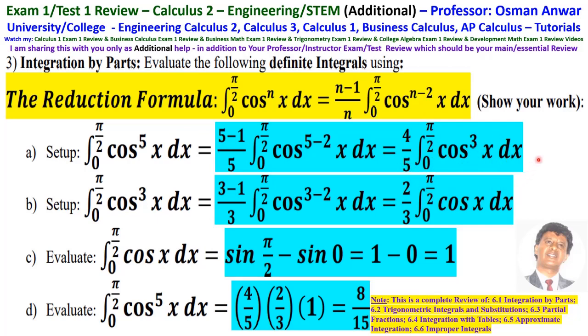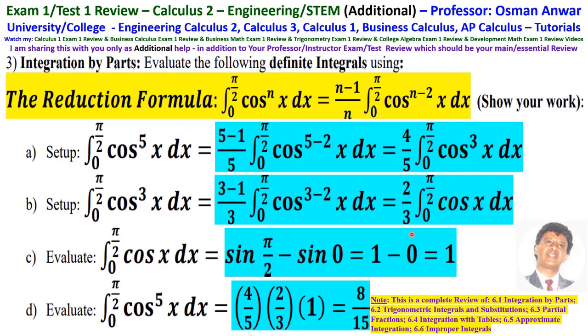Now we're going to integrate cosine to the third x dx from 0 to pi over 2, where n is now 3. 3 minus 1 over 3 from 0 to pi over 2 cosine to the 3 minus 2 x dx, which is 2 over 3 from 0 to pi over 2 cosine x dx.